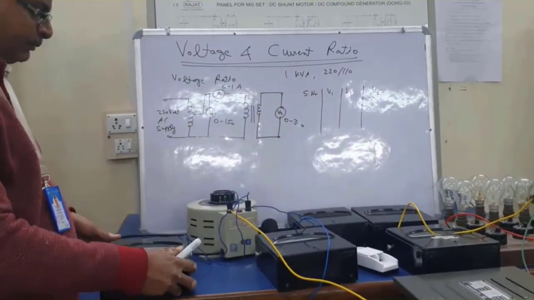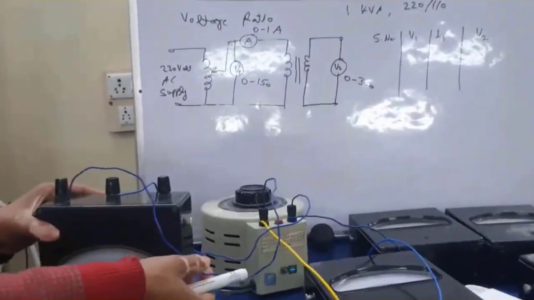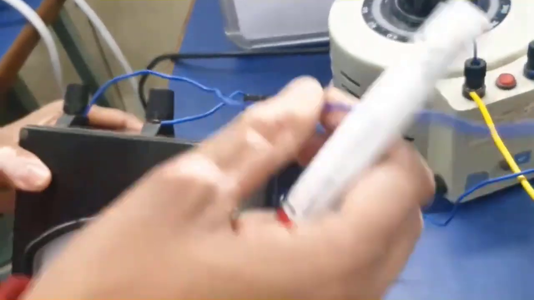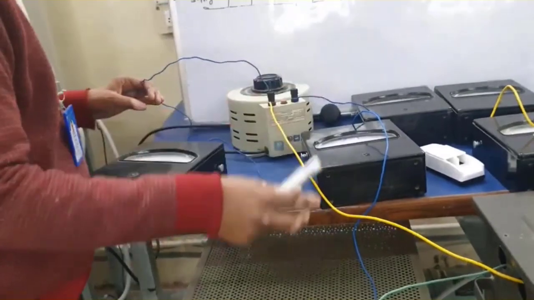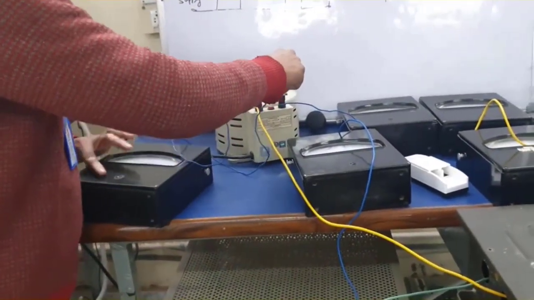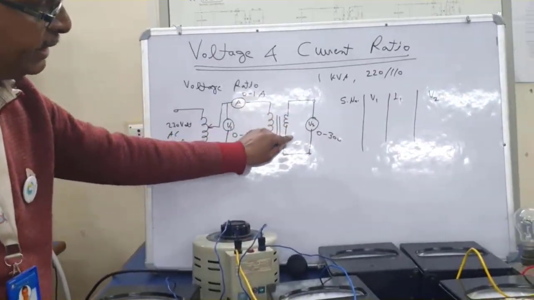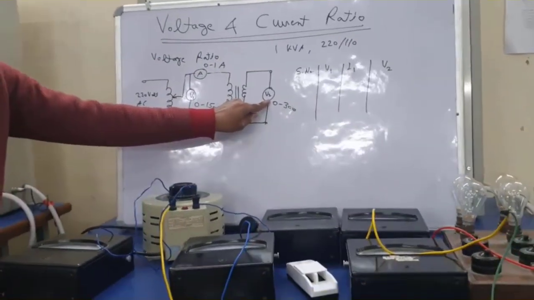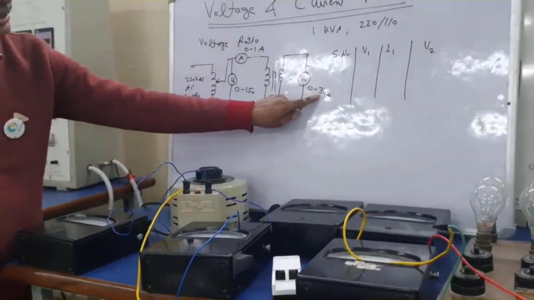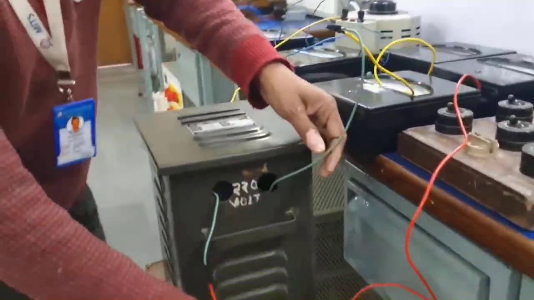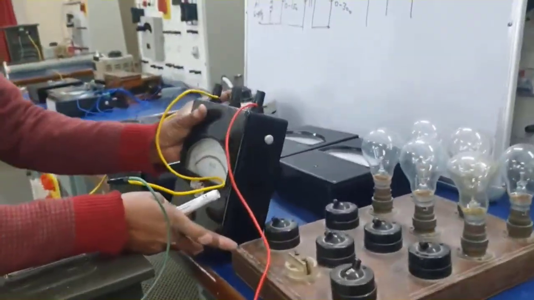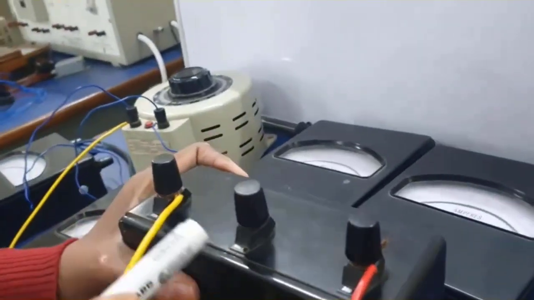We connect a 0 to 150 volt voltmeter in parallel across the supply. Similarly, on the secondary winding, a secondary voltmeter V2 with a range of 0 to 300 volt is connected, at the common and 300 terminals.